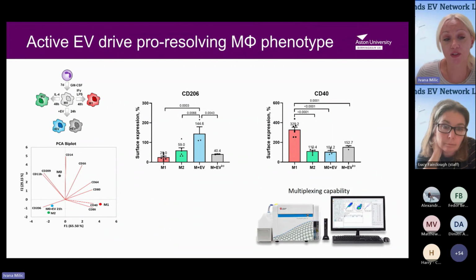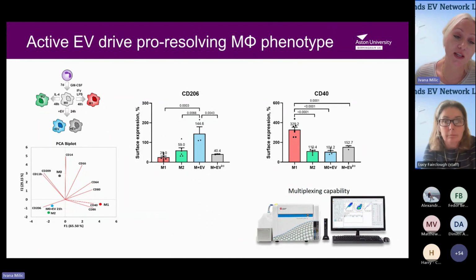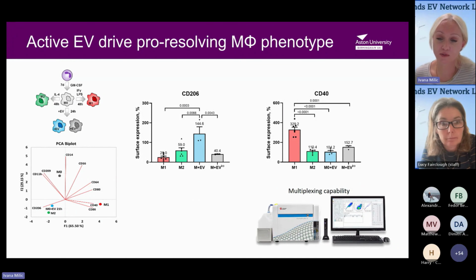And we have observed here, you can see on this PCA biplot, that there are distinct features that we can assign to unpolarized macrophages, pro-inflammatory and anti-inflammatory macrophages, but that our incubation with apoptotic active EVs has actually flipped the surface phenotype of macrophages very closely to the one that anti-inflammatory pro-resolving macrophages would have. So that was a good thing, and this is mainly contributed to the high levels of CD206 and the absence of increase in CD40.